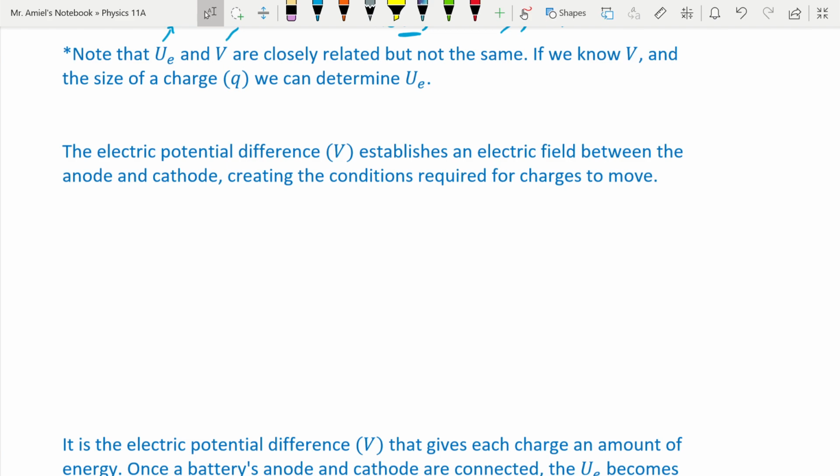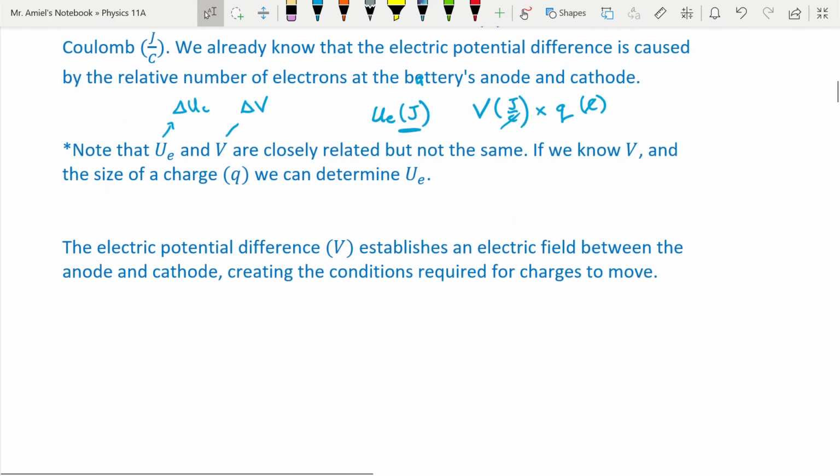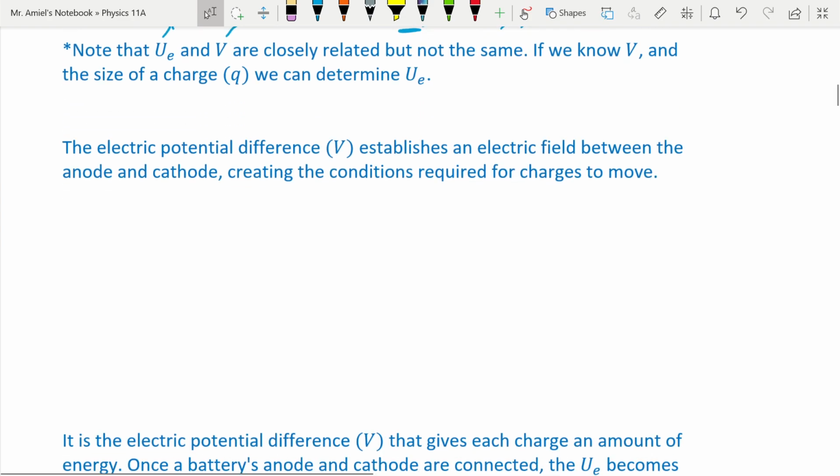So not only is the voltage useful to help us figure out the electric potential energy, it is this potential difference that sets up the conditions for the charges to move. And so what do we mean by that?